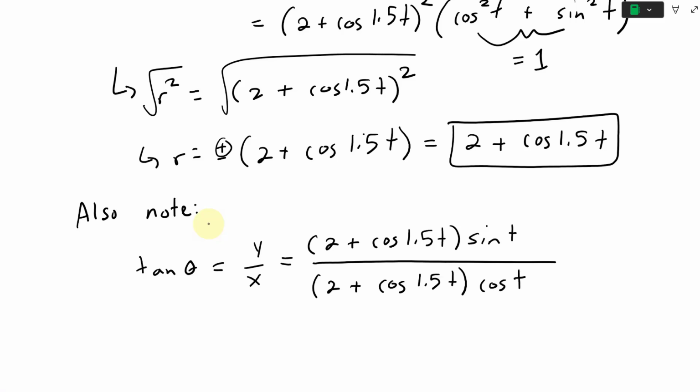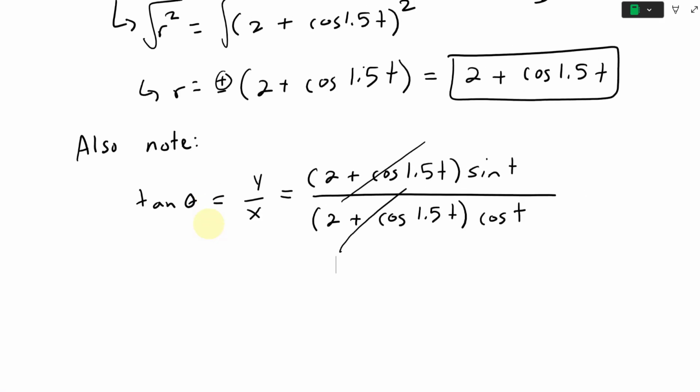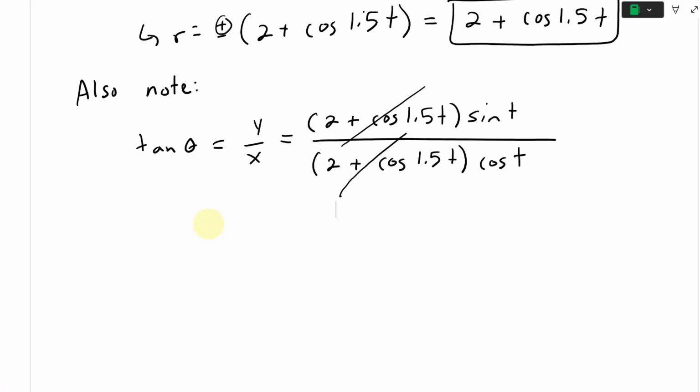So then this just cancels out, and we're left with sine t over cosine t, and that's by definition just tan t. So again, that's opposite over hypotenuse divided by adjacent over hypotenuse. The hypotenuse cancels, and we'll do that for completeness, just so we can prove it all in one go, as opposed to just telling you it's that.